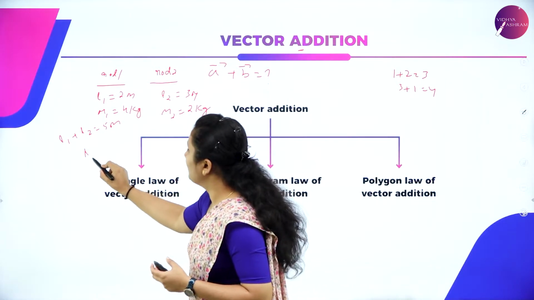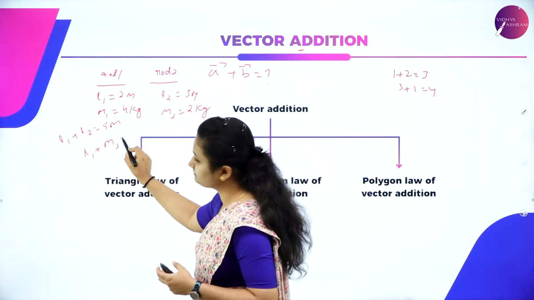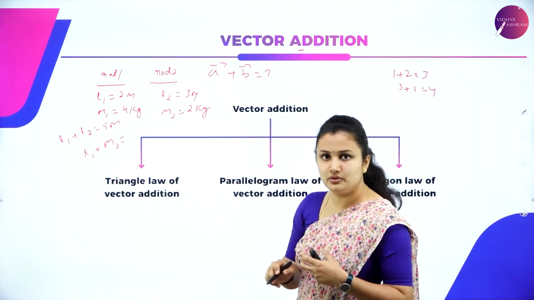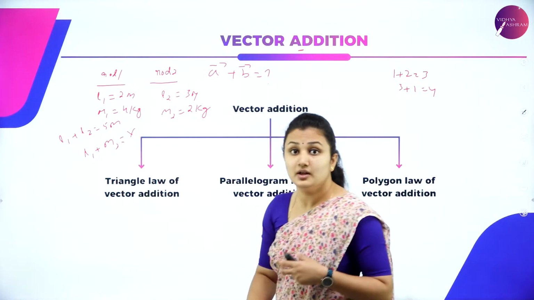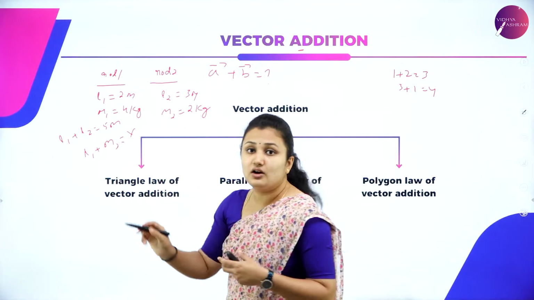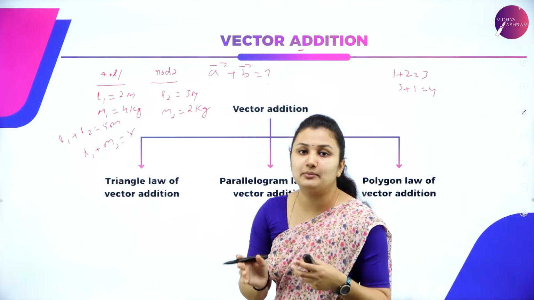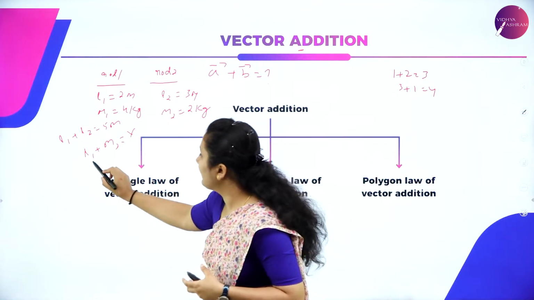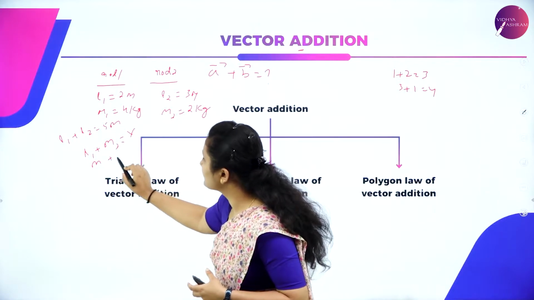Can you add L1 plus M2? Length of rod 1 and mass of rod 2? No, this is not possible because you can add or subtract only if the units are same, if they are representing the same physical quantity. Your length is in meter and your mass is in kg.